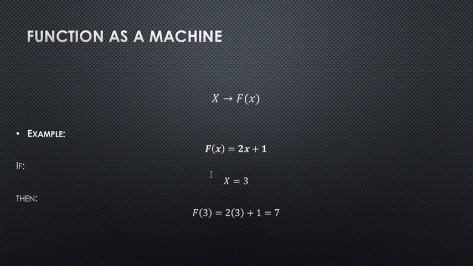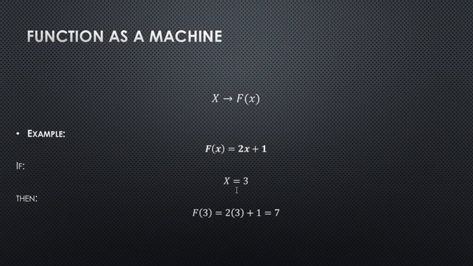Let's make this idea more concrete. Consider the function f of x equals 2x plus 1. We can think of this function as a machine. The input is x. The machine multiplies the input by 2 and then adds 1. Now let's say our input is 3.